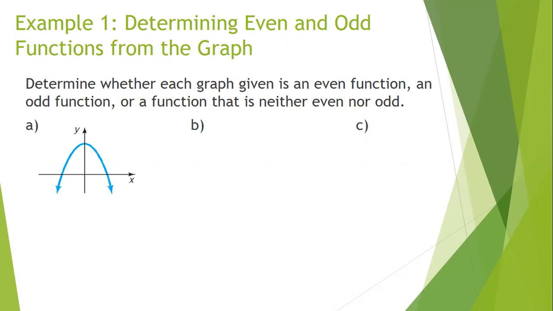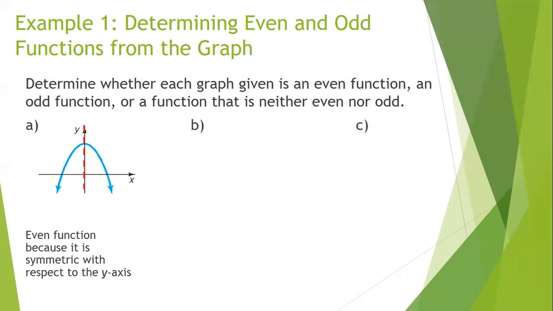So when I look here, the number one sign for recognizing whether it's even, odd, or neither is if your y-axis evenly divides it, then it's even. Does my y-axis evenly divide this? Yes. So this makes it an even function, okay?